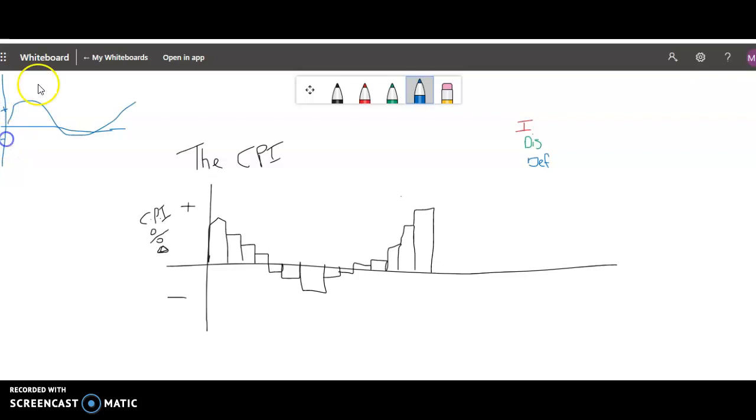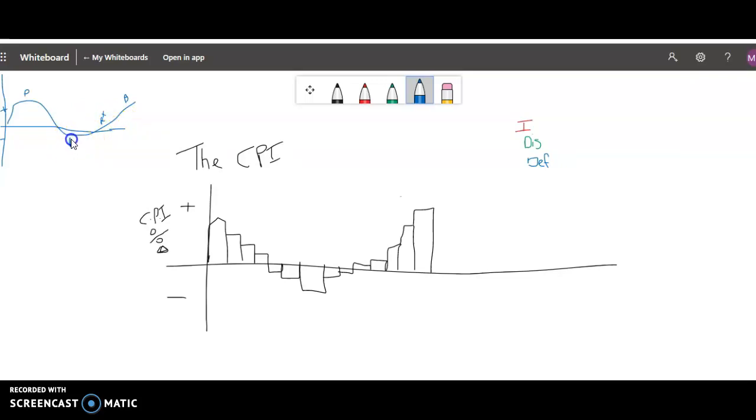The key things I want you to remember: at the top, we call that the peak. When we're reaching the top and getting really high levels of GDP increases, that's the boom. Down here is the recovery, and we'll put a star. The economy's starting to pick up again, real GDP is increasing.